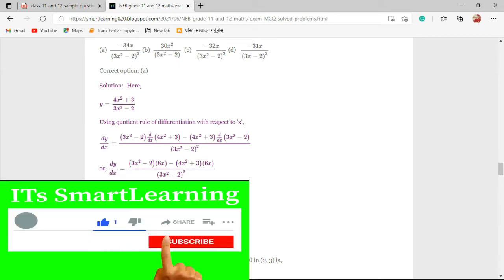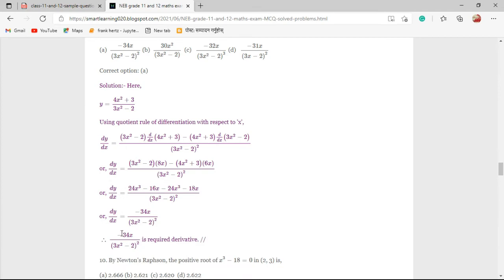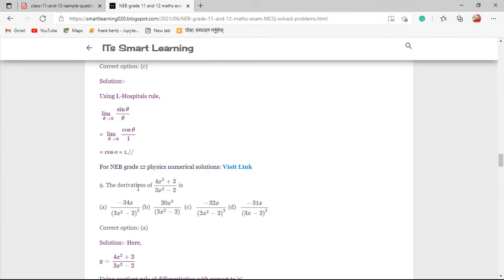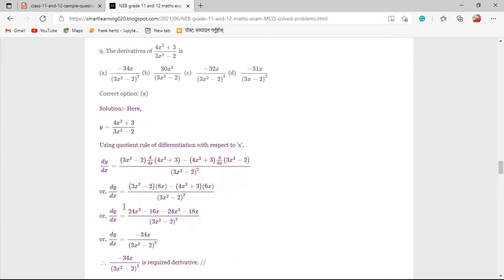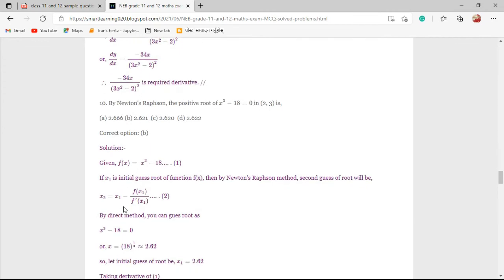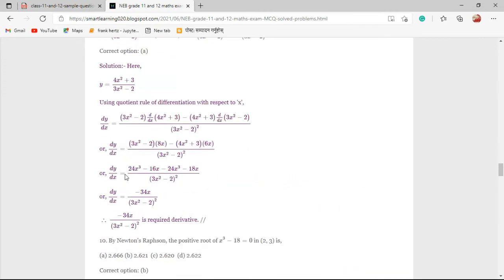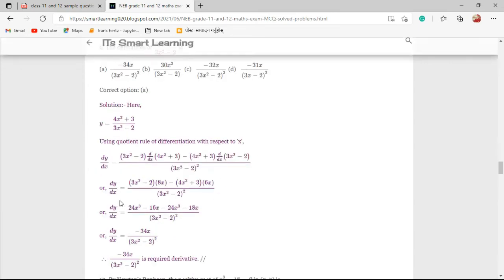After finding the derivative and simplifying, you get this answer: dy by dx is equal to minus 34x by (3x square minus 2) whole square, which is the correct option of this question. This one is hard and interesting.